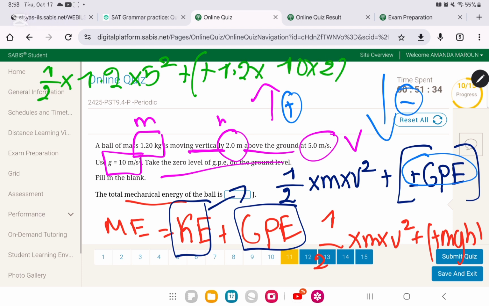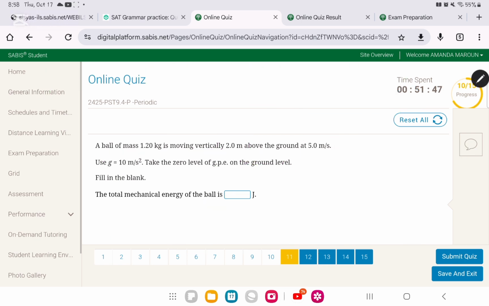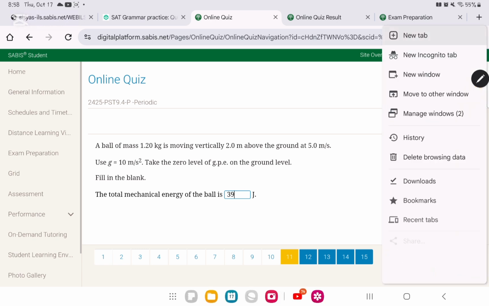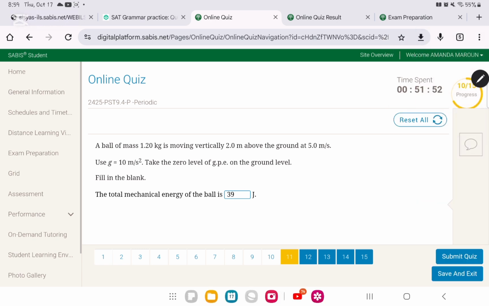If you do it on the calculator, you are going to get 39. So our answer is 39 joules.